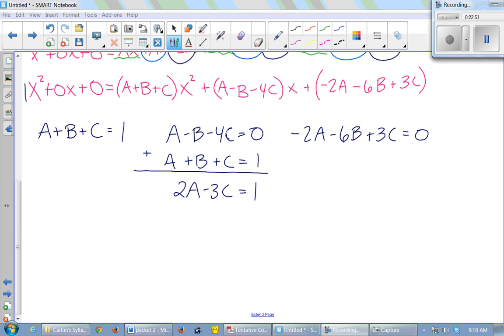All right, so I've got an equation with just 2 variables. If I could get another equation with just 2 variables, I could solve that using a standard technique. Any ideas? Put a plus b plus c here.